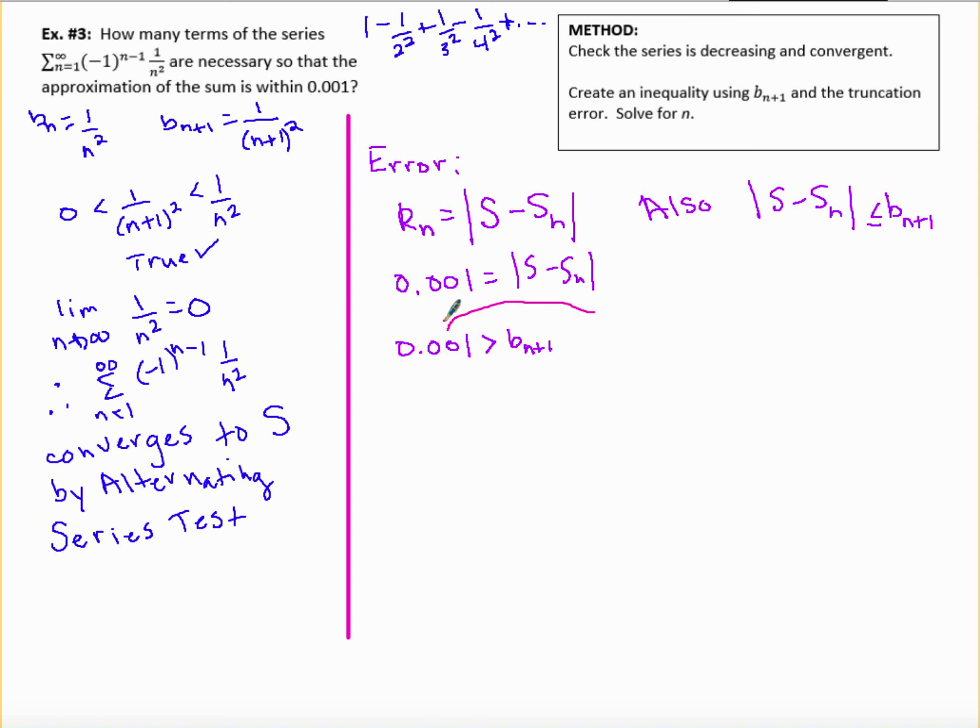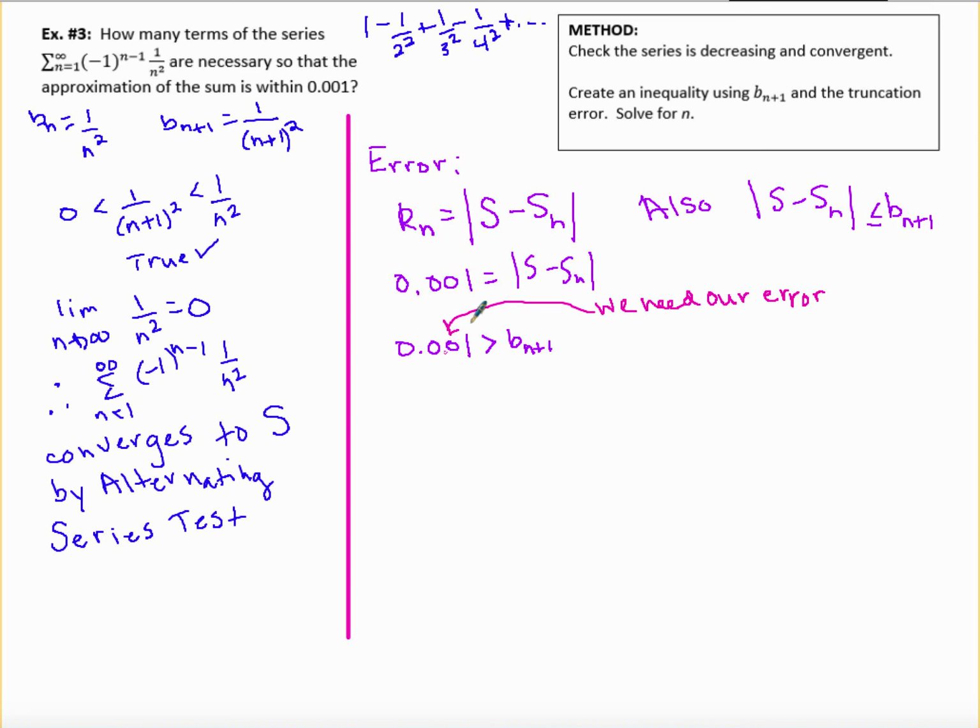So let's make that a little note. Our error is the difference between the sums. So we need that to be less than 0.001.